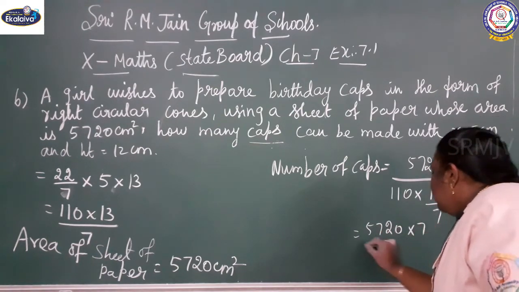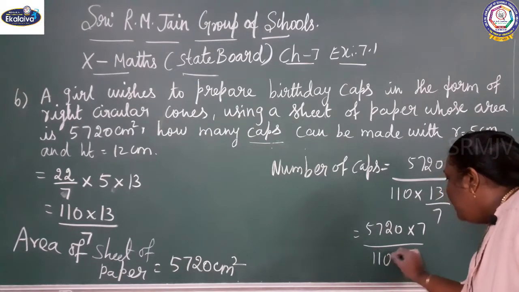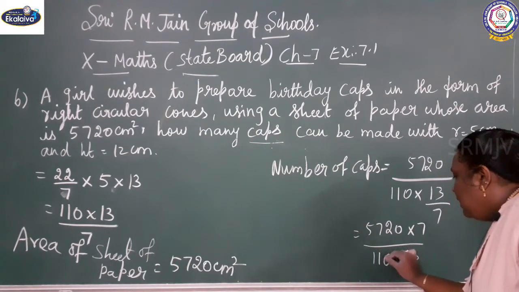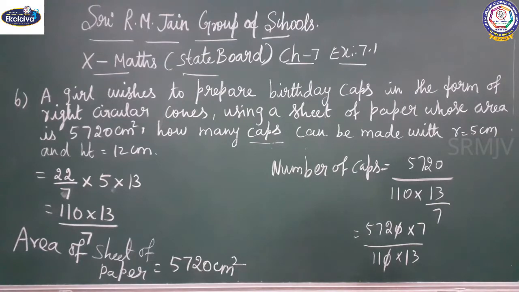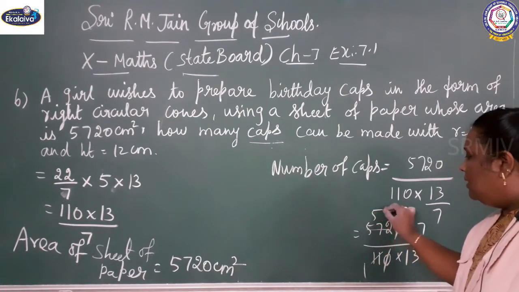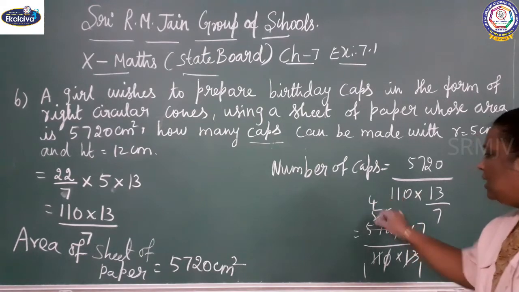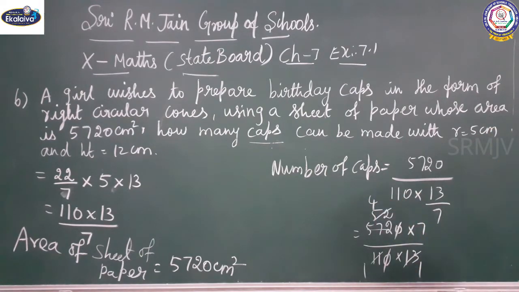So it gives 5720 into 7. You can take the reciprocal of this value, over 110 into 13. 0, 0 cancel. 11 fives are 55, balance 2. 52, 13 ones are 13, 4 fours are 16. So 7 fours are 28.